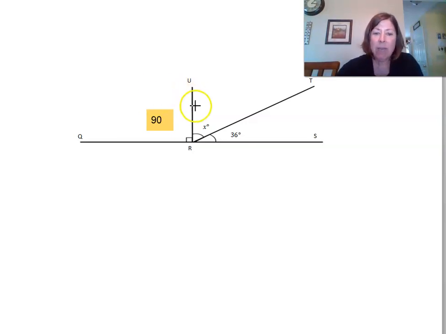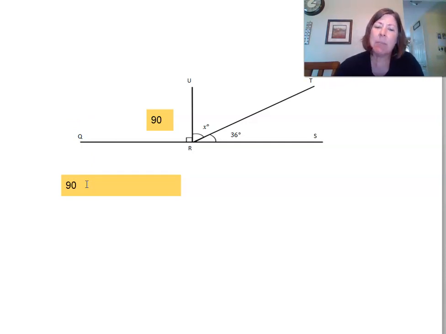But now I have to figure out what x is equal to. So I have to figure out what this missing part is. But first, I'm going to add 90.